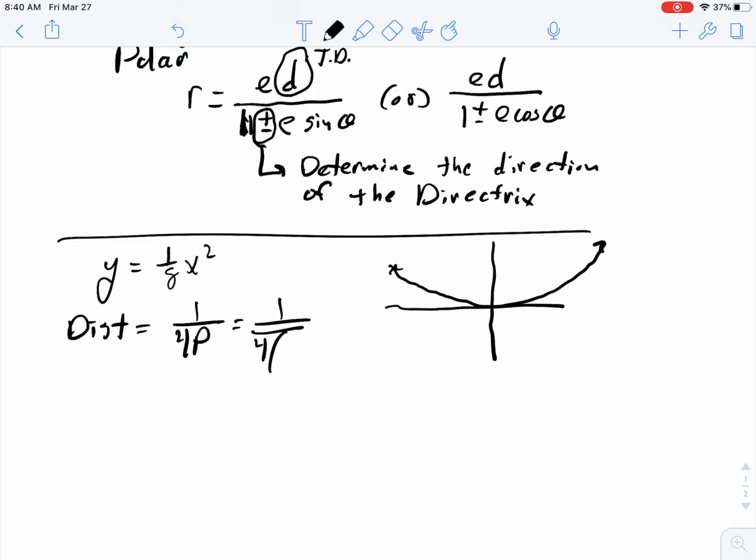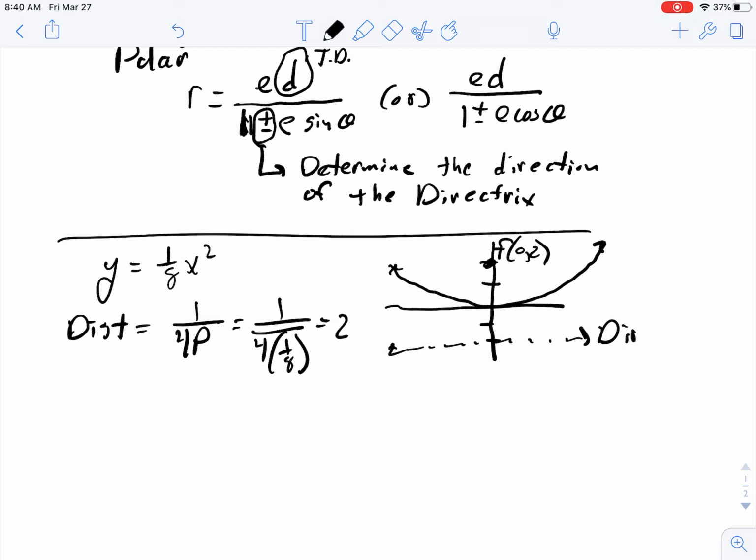So therefore we have 4 times 1/8, and we got 2, which means my focus is 0, 2. My directrix is y equals -2. Okay.